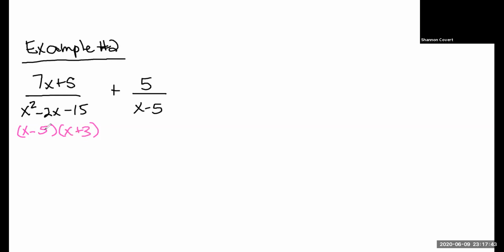So my first fraction has the two factors of x minus 5 and x plus 3. My second fraction has a factor of x minus 5. So this is a situation where I don't have to do anything with that first fraction.